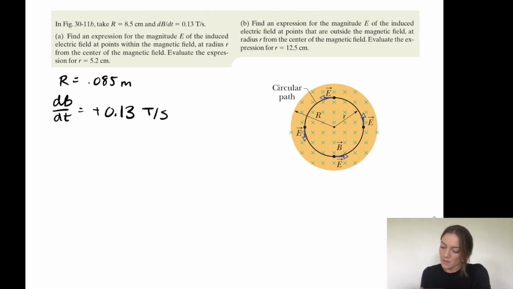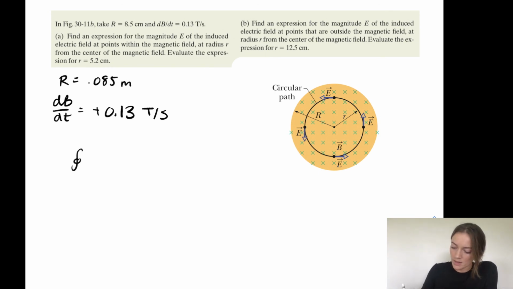All right, so we want to find an expression for the magnitude of the induced electric field at points within this magnetic field. So at some arbitrary radius, small r, inside this region with the changing magnetic field, what is the induced electric field there?